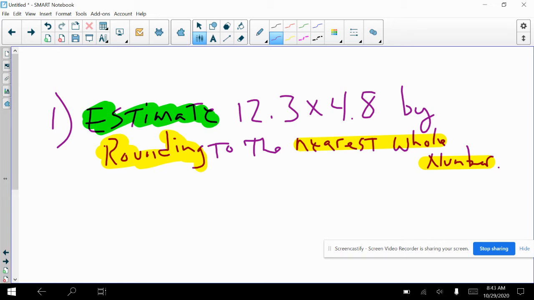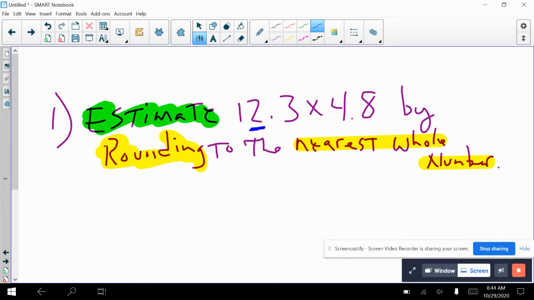By rounding to the nearest whole number. Okay, so now you've got to use your rounding rules. If we're rounding to the nearest whole number, what place value are we looking at in 12 and 3/10? Think about this. Grant. Very good, sir.